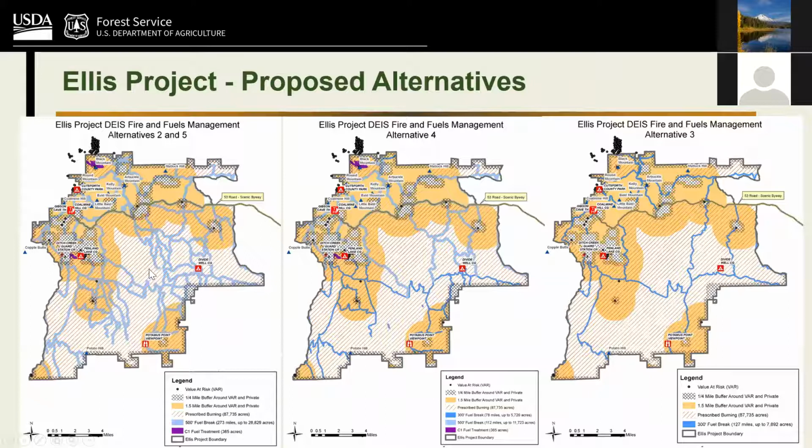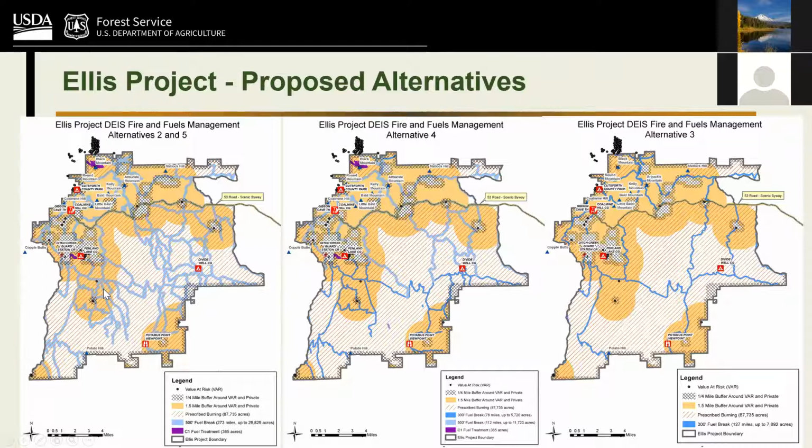And then the real difference, so those are all the same across all three maps, right? Across all alternatives. We didn't get any comments one way or the other on the landscape burning, so we decided to keep the landscape burning the same across all alternatives. But what is very different is the fuel breaks.